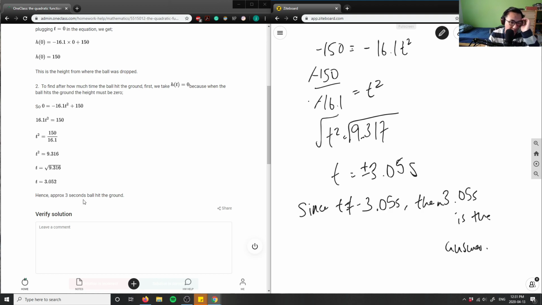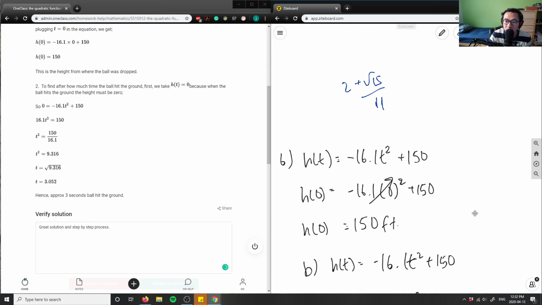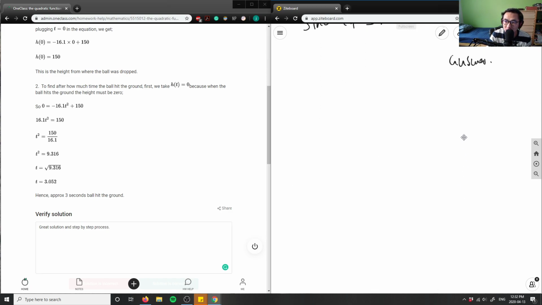But approximately 3 seconds, the ball hit the ground. Sweet, great solution and step-by-step process. So this here was question 6.